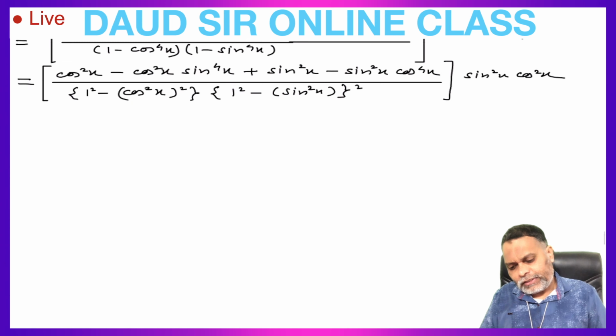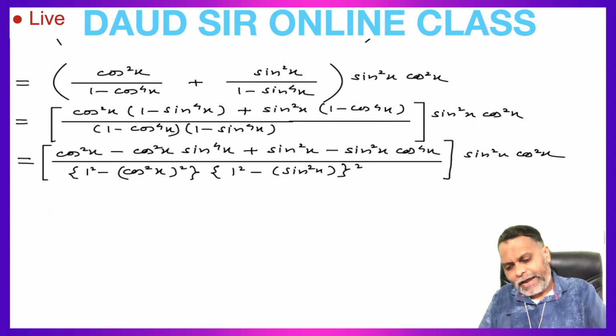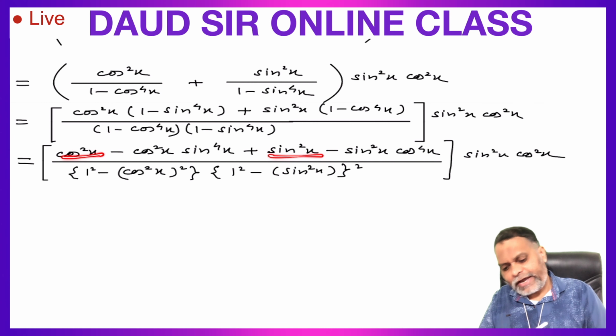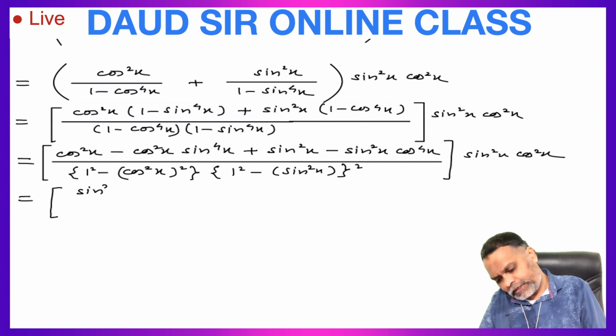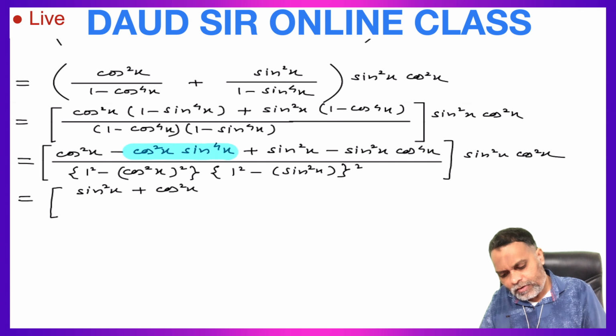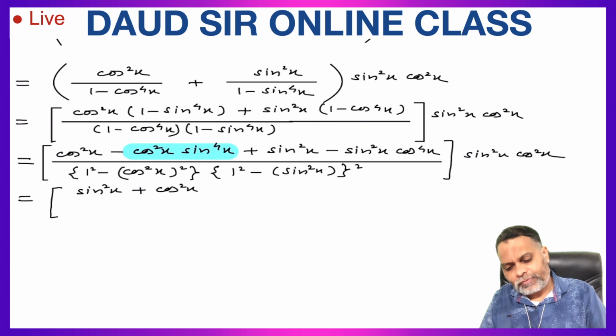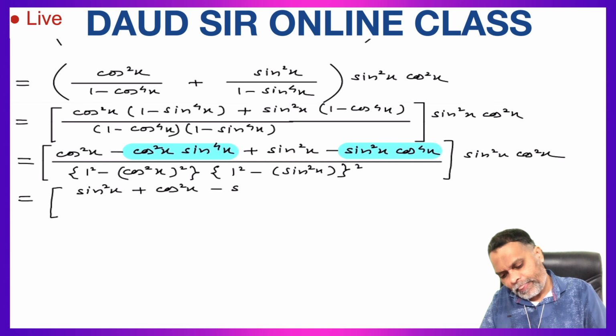Now this sine square x plus cos square x we can write as 1. So write them close to each other: sine square x first plus cos square x, and from these two terms, cos square x sine raised to the 4x and sine square x cos raised to the 4x, we can take out minus sine square x cos square x common.